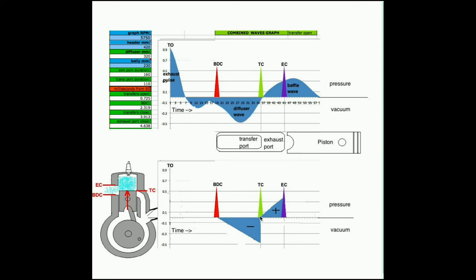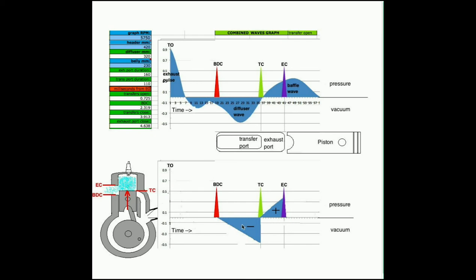And after the transfers are closed off and the piston is rising, you would have additional pressure until exhaust closing. This is because as the piston rises, it squeezes some of the intake mixture out the exhaust port. But if you have a rising pressure here equal to the rising pressure here, you're not going to have that loss. So you have more fuel air mixture to burn.